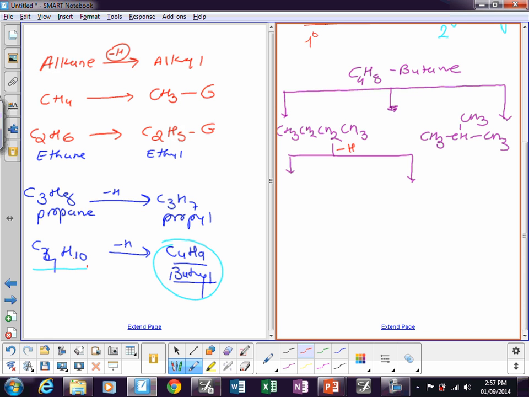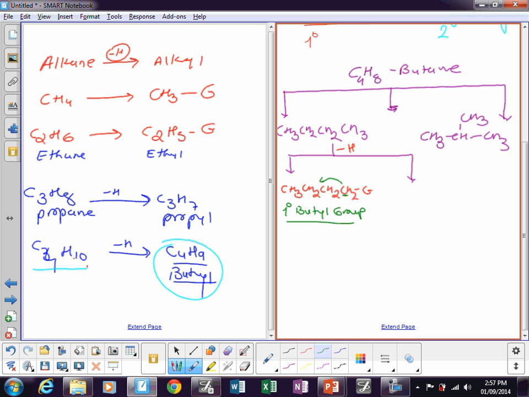Suppose one hydrogen is released from here, then a group is attached over here. As I already explained, this carbon is losing hydrogen and that carbon is directly connected with one more carbon, so we call this the primary butyl group. Understood?